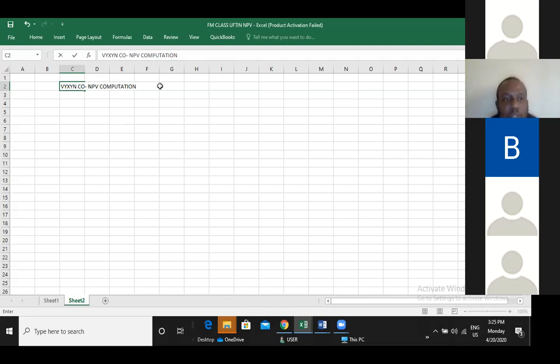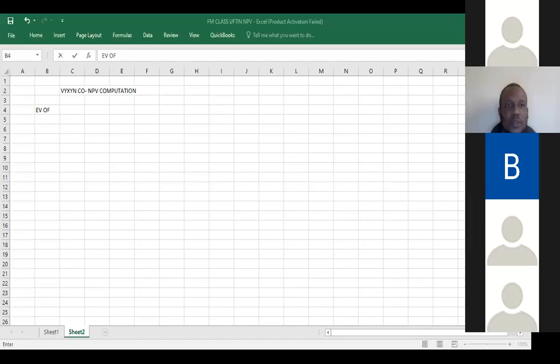Okay, so our first calculation. We start with our expected value of our variable cost per unit. So we have three of them.